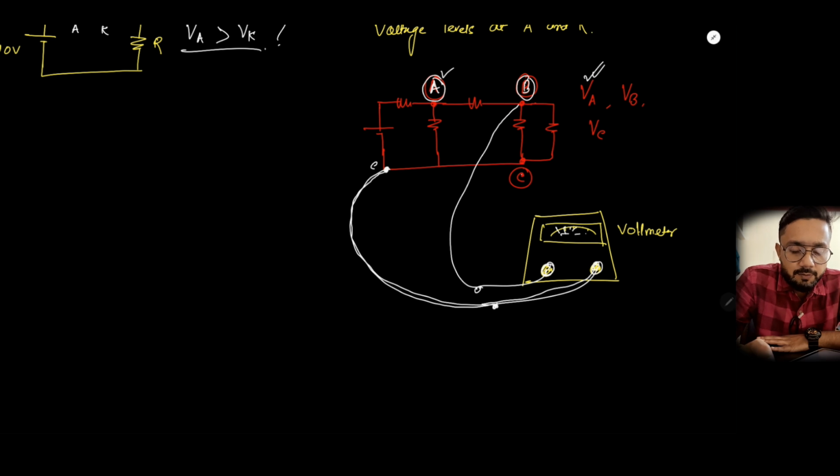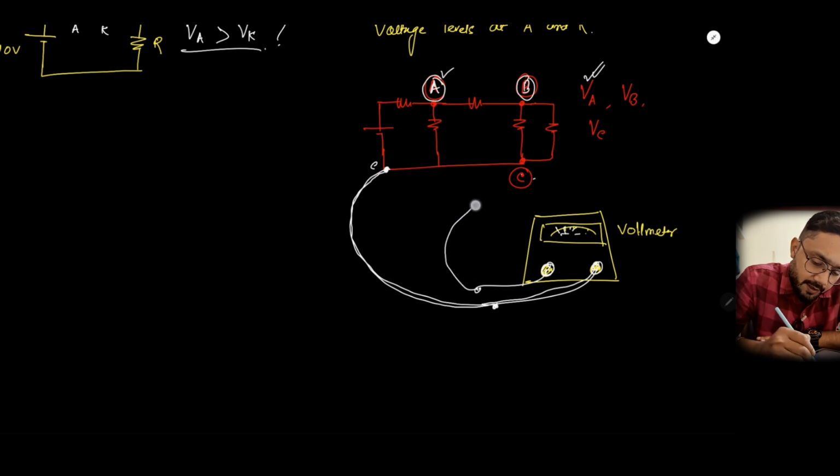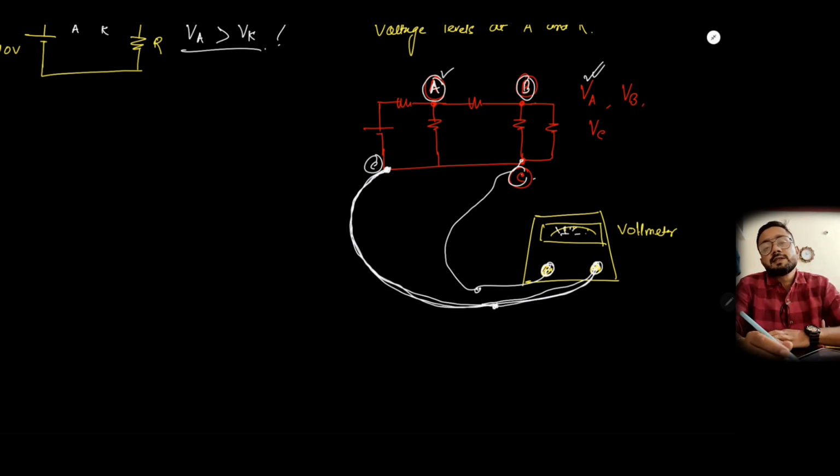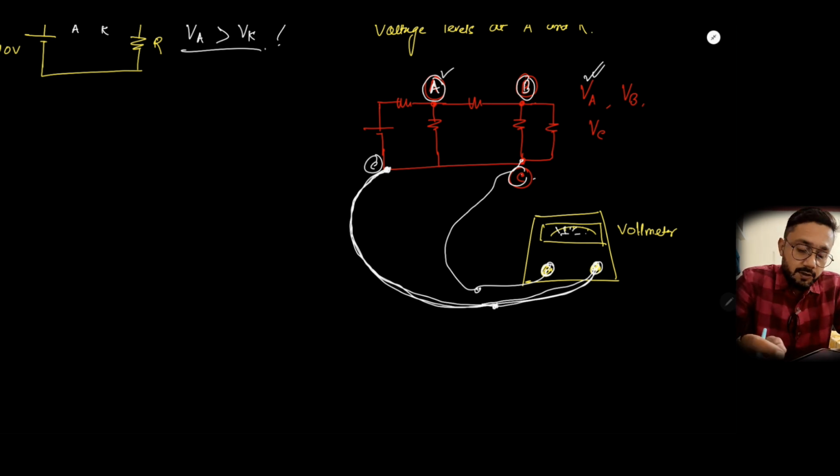You can measure the voltage at point B. Similarly, if you want to find the voltage at point C, you connect it here. This C and this are basically the same point, so you will get zero voltage. The node where you have connected the second probe, we call it the reference node. With the help of that node, we can calculate the voltage at each and every node in the circuit.